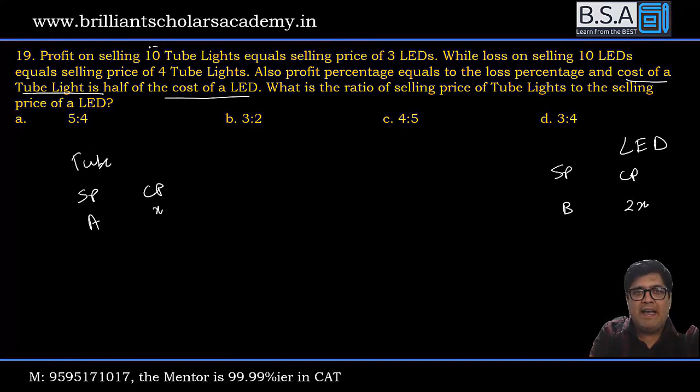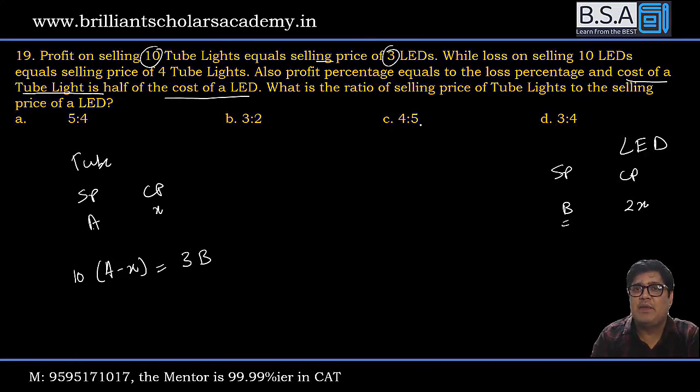When you buy and sell 10 tube lights, see, selling price minus cost price, that is buying and selling one tube light. You are buying and selling 10 tube lights. What is that equal to? The profit is equal to the selling price of 3 LEDs. 3 LEDs, selling price. But there is a loss involved. When is the loss involved? When you are buying and selling 10 LEDs.